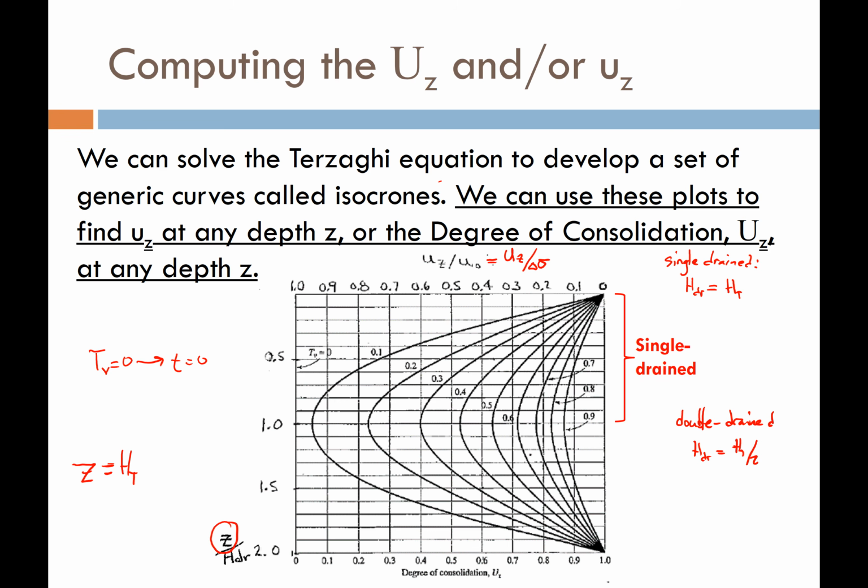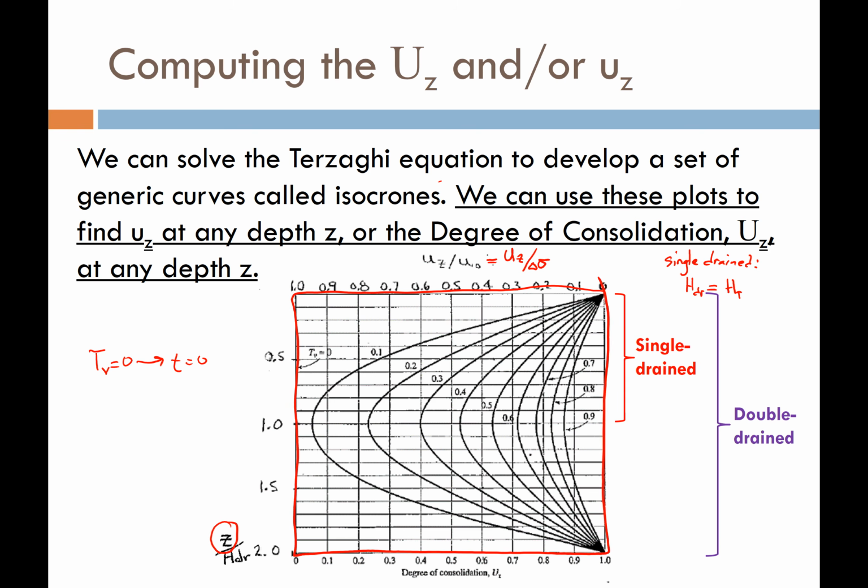If that's the case, then Z over HDR is simply going to equal H sub T over H sub T divided by 2, which equals 2.0. So what that means is that if I have a double drained clay layer, the whole isochrone is applicable to my soil. Okay?